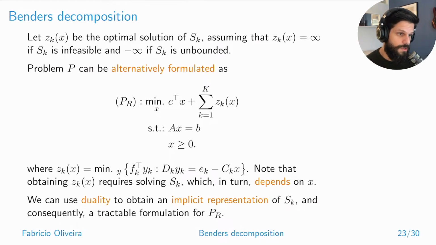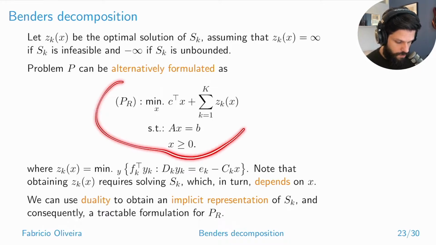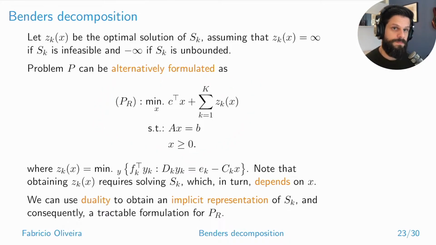So the way to deal with that is that we can use duality. And by using duality, what we're going to try to do is get an implicit representation for this, which would in turn make this formulation for PR tractable.